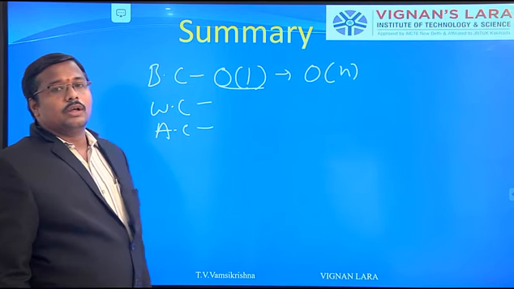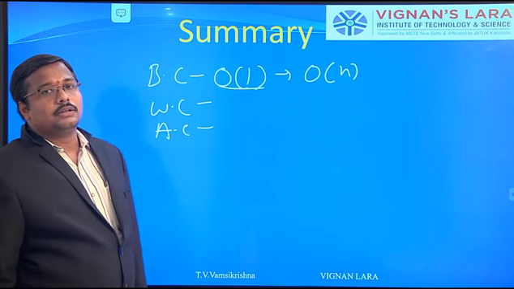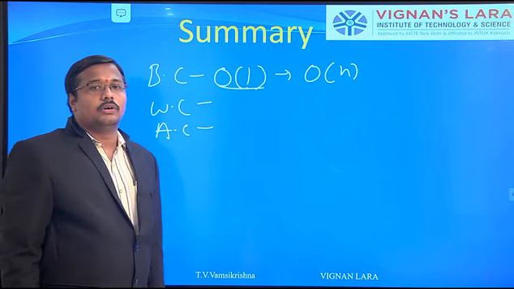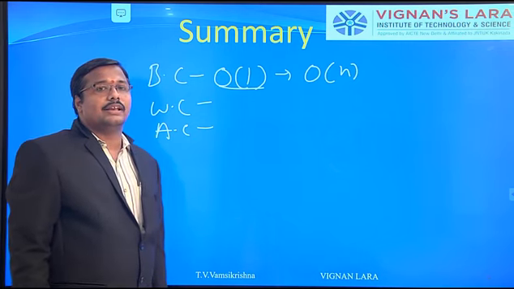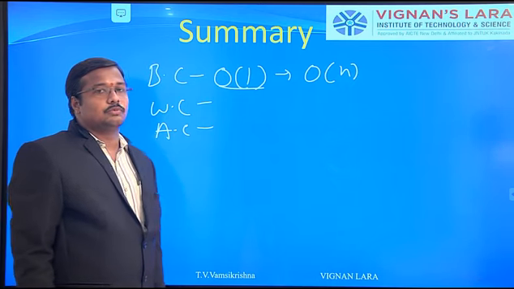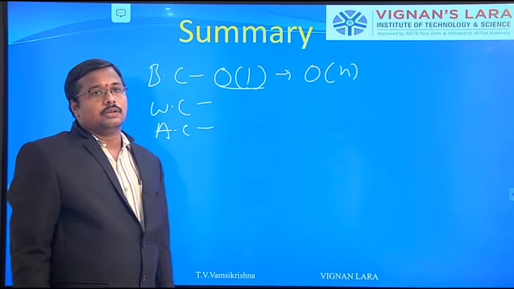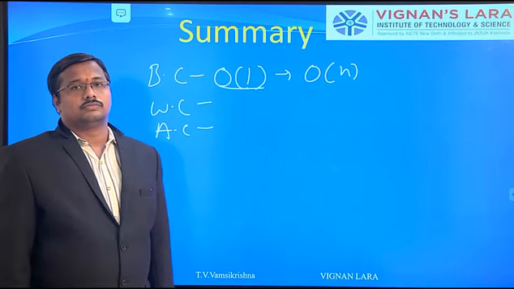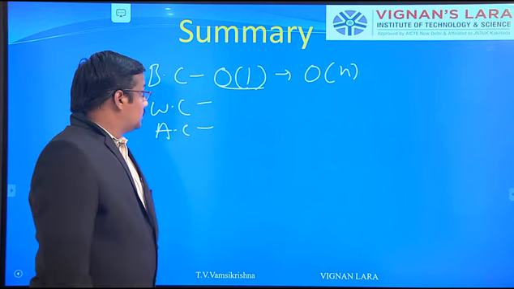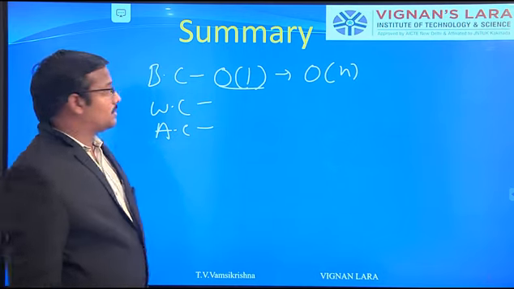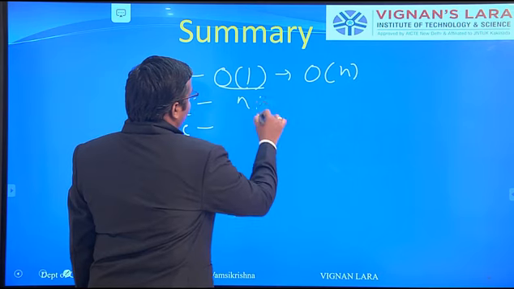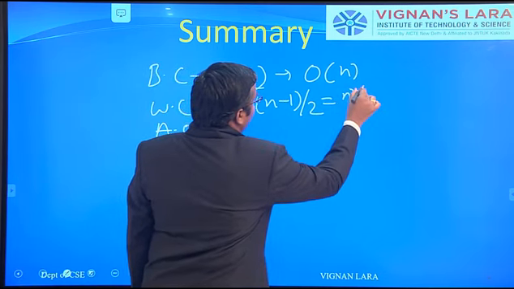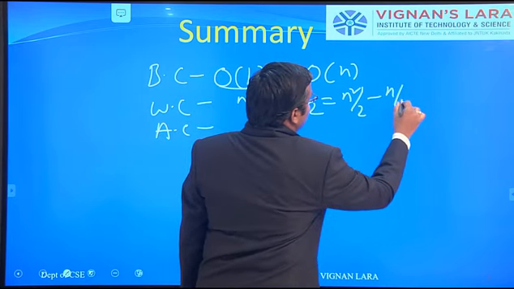It refers to the number of passes required for sorting a list of elements: pass 1, pass 2, pass 3 and so on, pass n. Considering that case, here is the worst case and average case. In the previous one we got n into n minus 1 by 2, meaning n square by 2 minus n by 2.